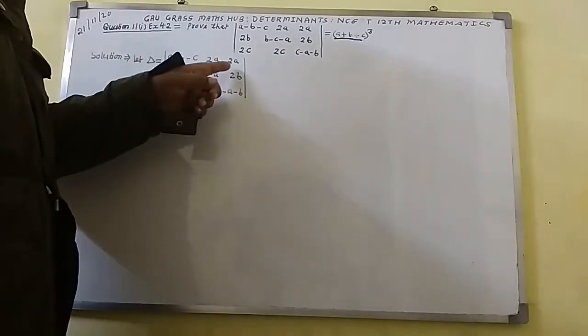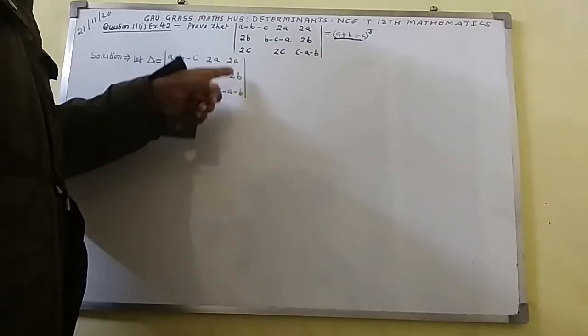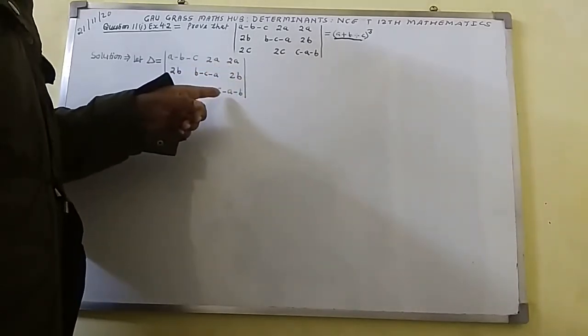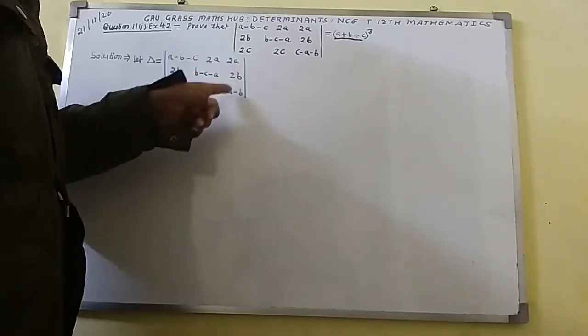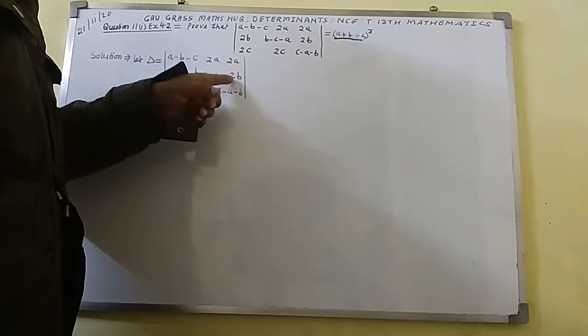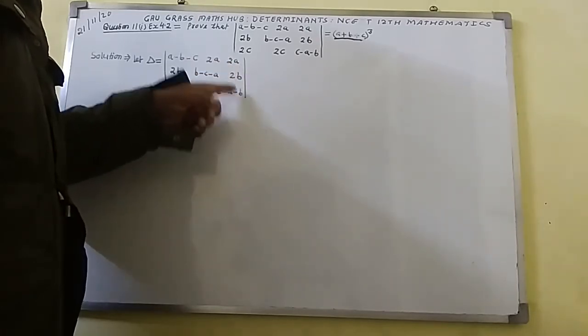And here also, a plus 2b, here plus c. So you will get plus c. 2a minus a gives plus a, and 2b minus b gives plus b.